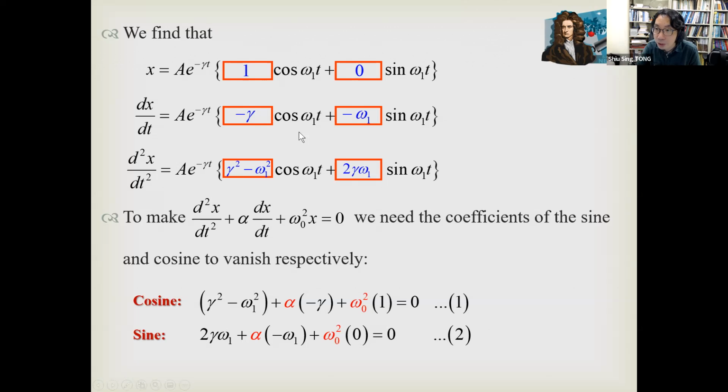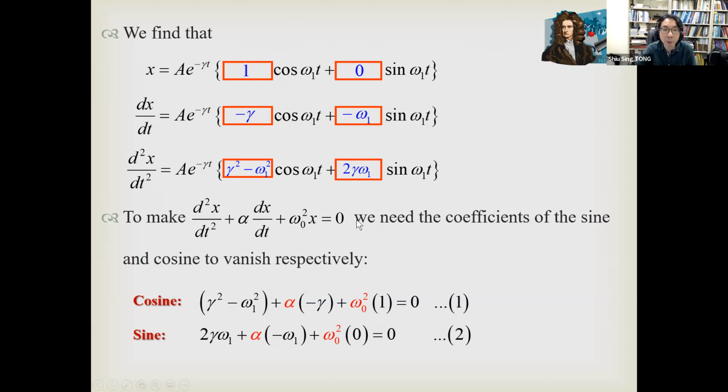So the only way to make them 0 is to make the coefficient 0. The sine and the cosine are just two different functions, and in order to make them both 0, you have to make their coefficients both equal to 0. Okay. So I collect all the coefficients for the cosine.